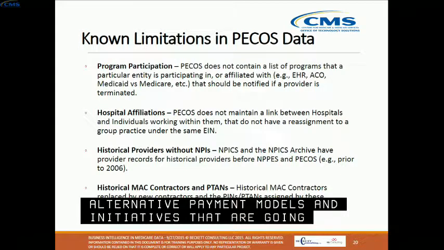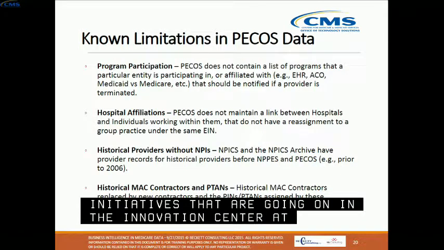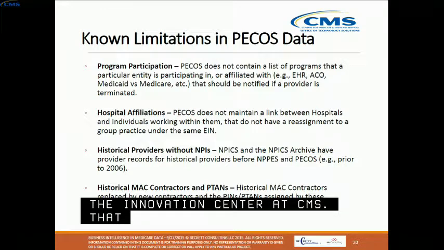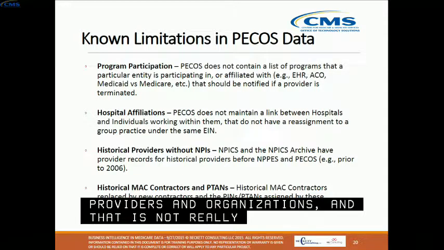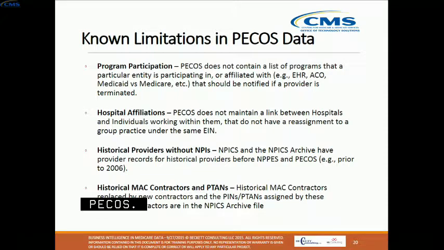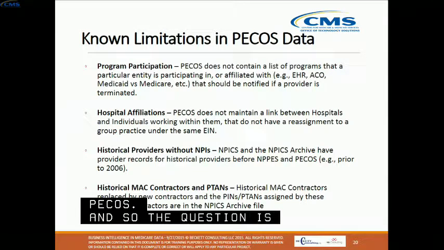That's opening up a whole new set of relationships between providers and organizations and subparts, and that's not really captured in Pecos. And so the question is, should Pecos be the place that begins to capture more of that information? And that's part of what is being considered in the redesign.